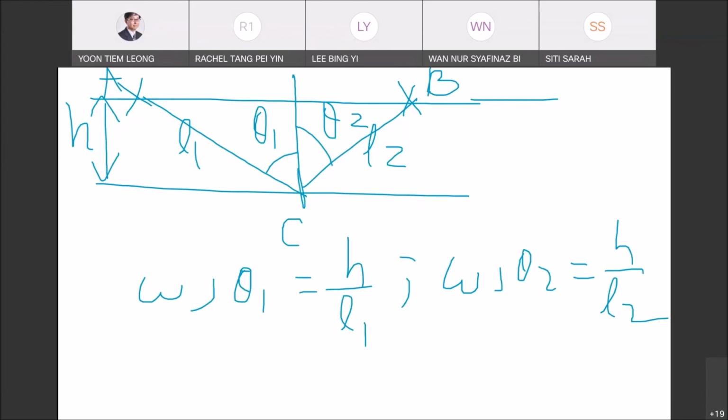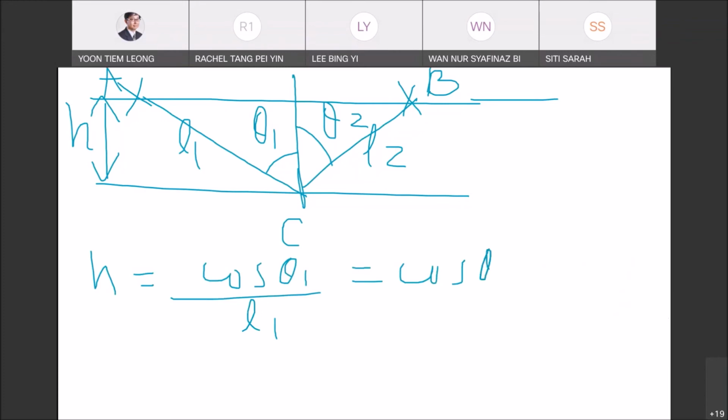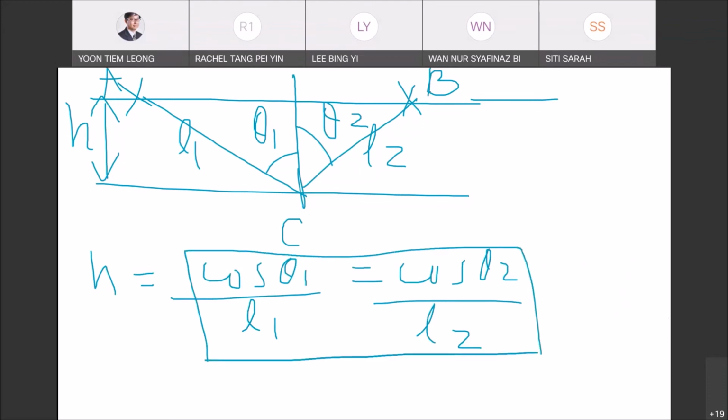In other words, if I express this in terms of H, then the H on the left and the right would be the same. So H equals cos theta 1 divided by L1 equals cos theta 2 by L2. That would be my first equation that I write down in my proof.